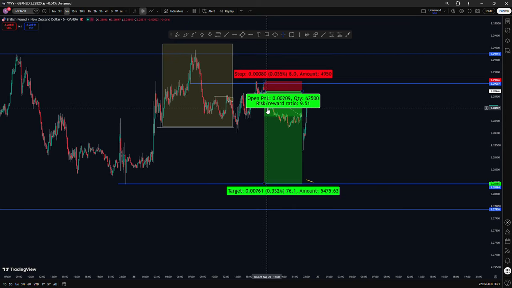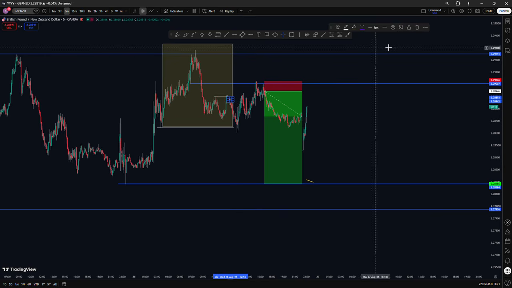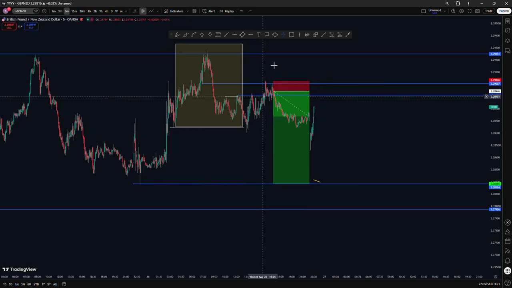Remember the override is from here. This one. Let me draw it out. This is the pattern that I was looking at, a kind of V shape.